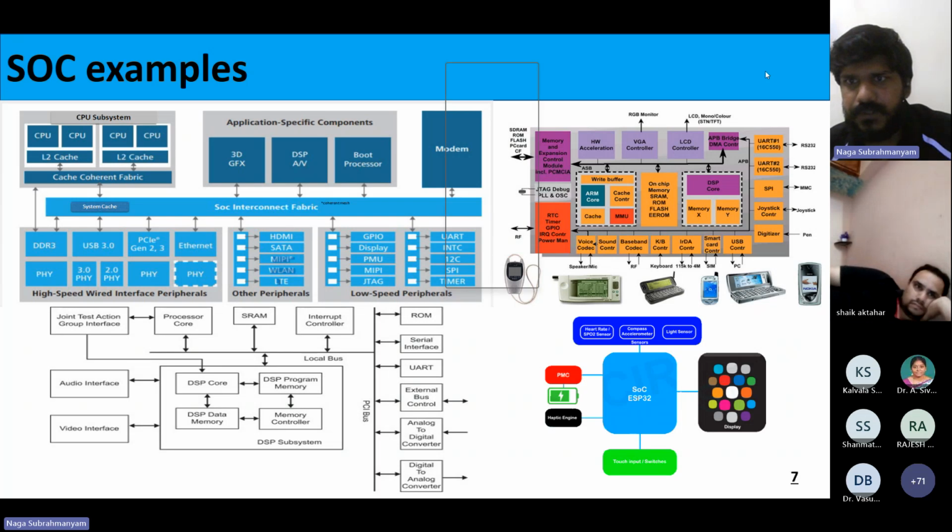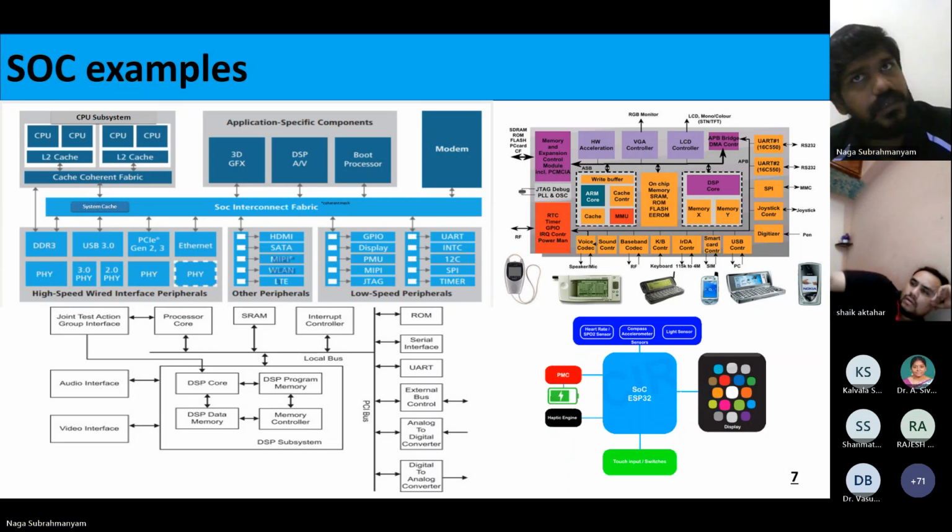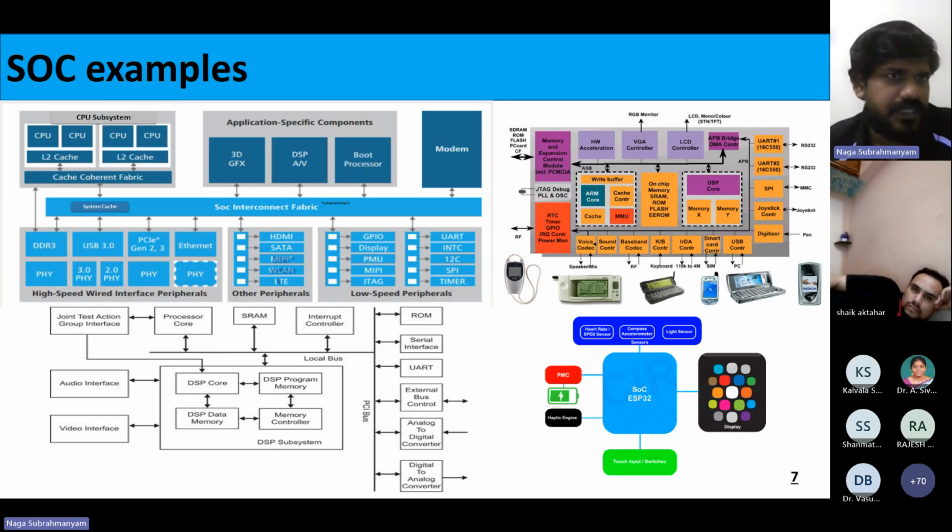This is one more SOC. This is another kind of SOC. Based on the applications, these SOCs will change from one to another. And if I may put a note on this, nowadays they are introducing machine learning and artificial intelligence kind of methods into the chips, so that the complexity of the SOCs is taking it to the next level.